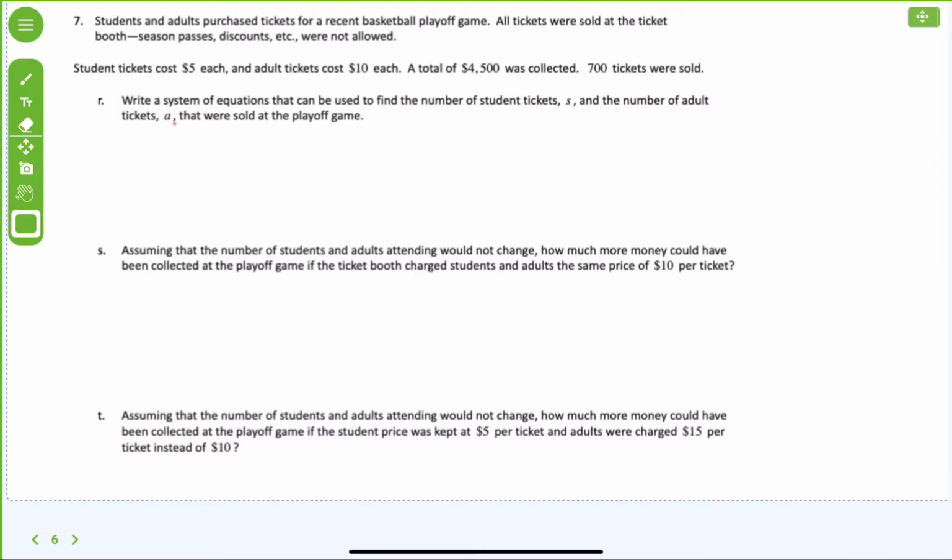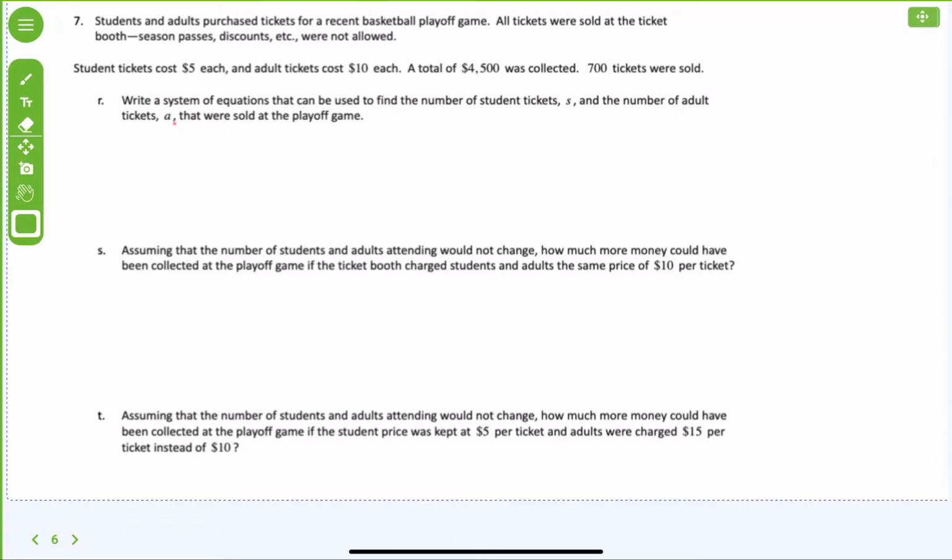Students and adults purchased tickets for a recent basketball playoff game. All tickets were sold at the ticket booth. Season passes, discounts, and etc. were not allowed. So any other tickets were not allowed. You basically just had to buy the adult and the student tickets.